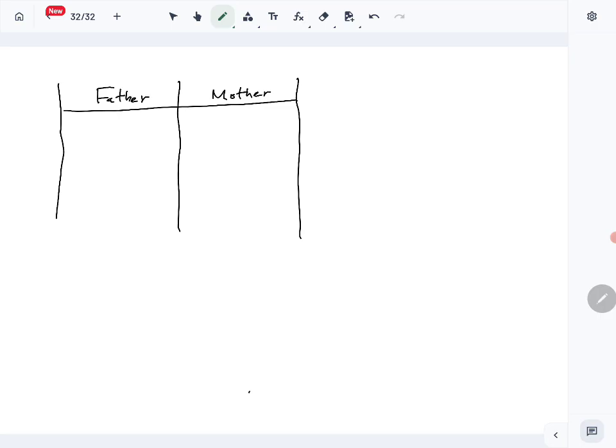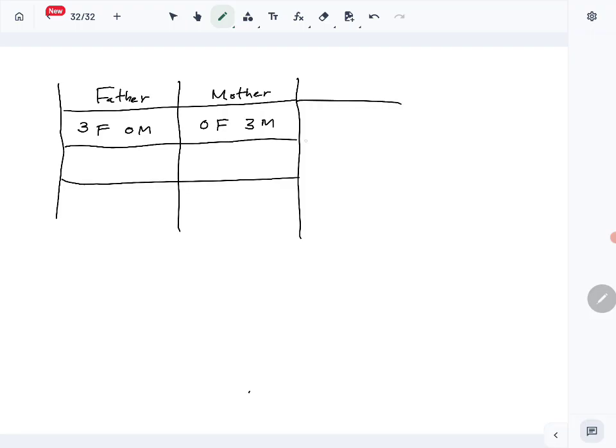So let's write down the number of ways. So first possible way is father invites 3 females, then he can't invite any males, and then mother has to invite how many? She can't invite females because already 3 females are invited, so she has to invite 3 males. So then 6 guests are there, right? So that is the first possible way. Then next one is what?